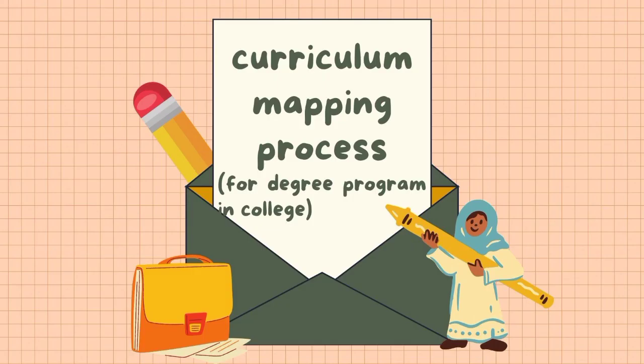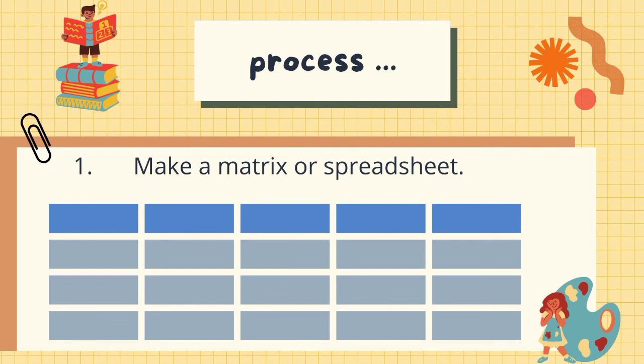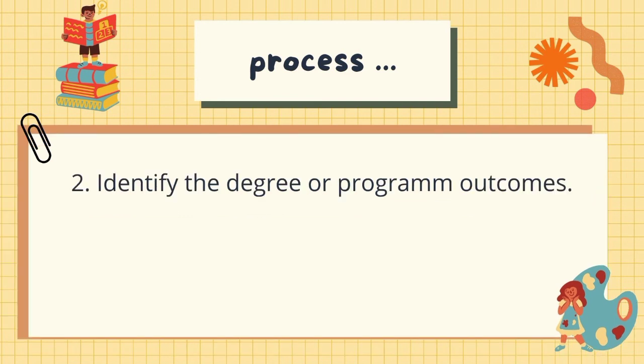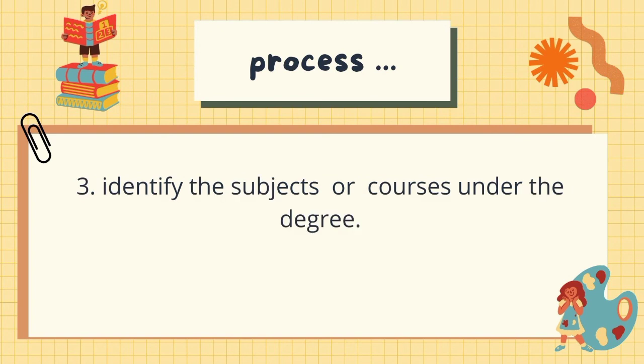Let us now move forward to the curriculum mapping process for a degree program in college. In example B, for a degree program in college, first, make a matrix or spreadsheet. Second, identify the degree or program outcomes such as BEd or BSN. Third, identify the subjects or courses under the degree.